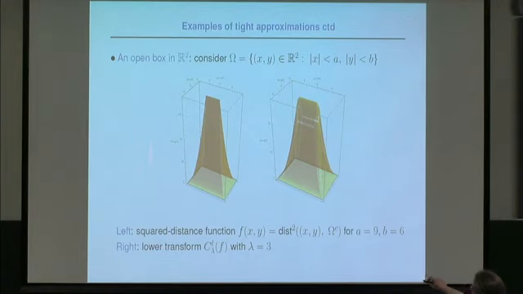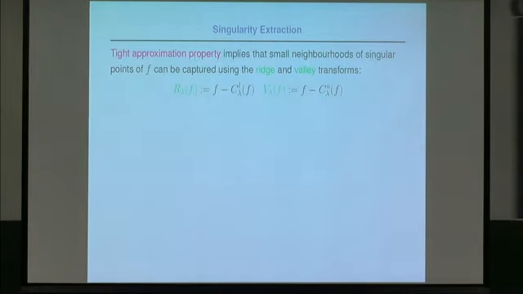The thing on the left-hand side is just the graph of the square distance function to the complement, and so you get this ridge forming in the middle of the box. And then when you take the lower transform, it smooths off what's happening down these edges and along the top.